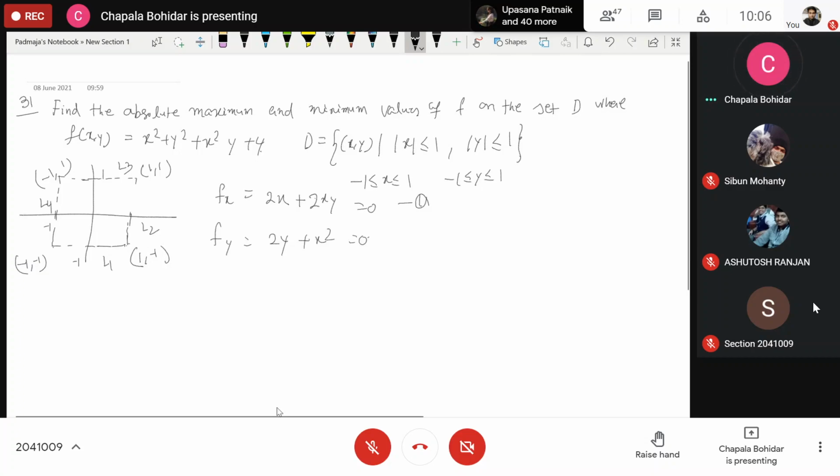So from the first, taking 2x common, 2x times (1 plus y) equal to 0. This implies x is equal to 0 or y is equal to -1.